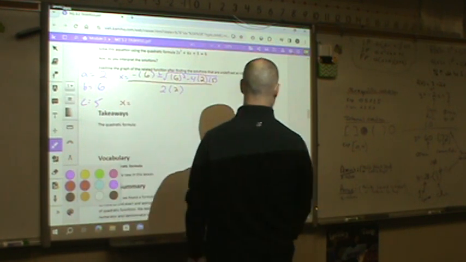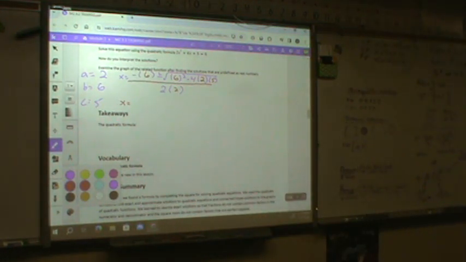And again, if you've been paying attention the last couple of days, this monstrosity of a thing called the quadratic formula actually simplifies fairly quickly.